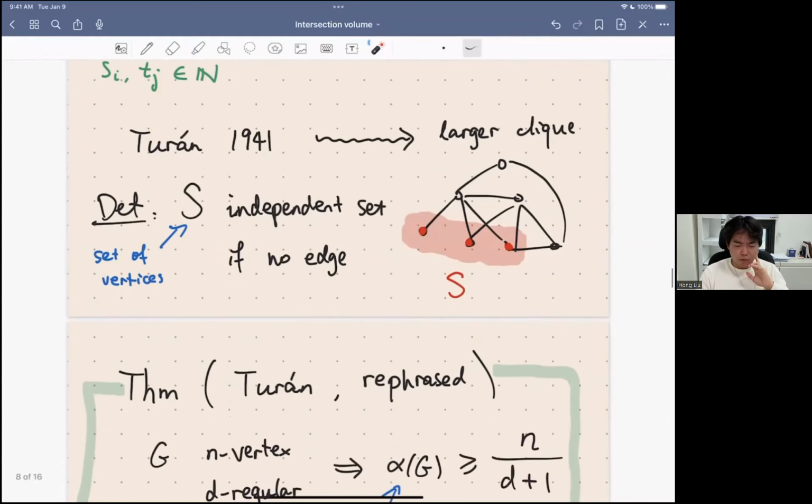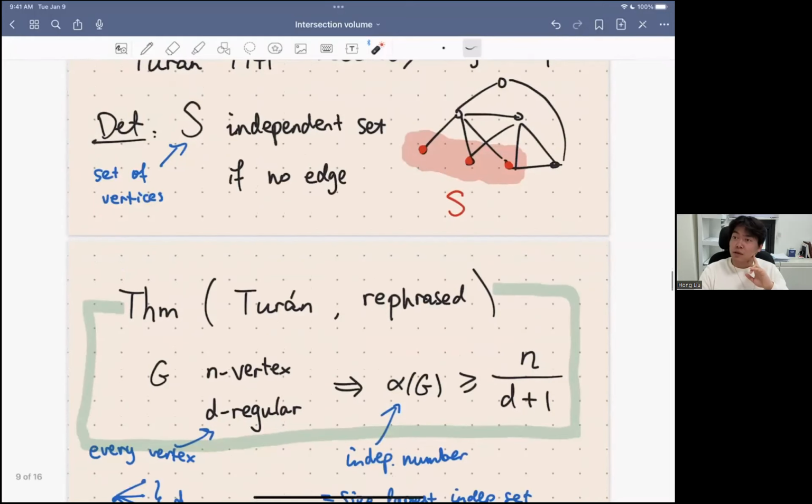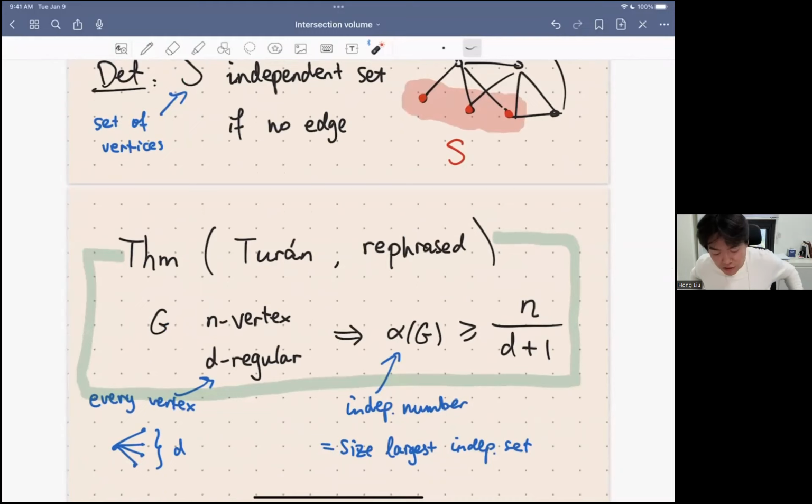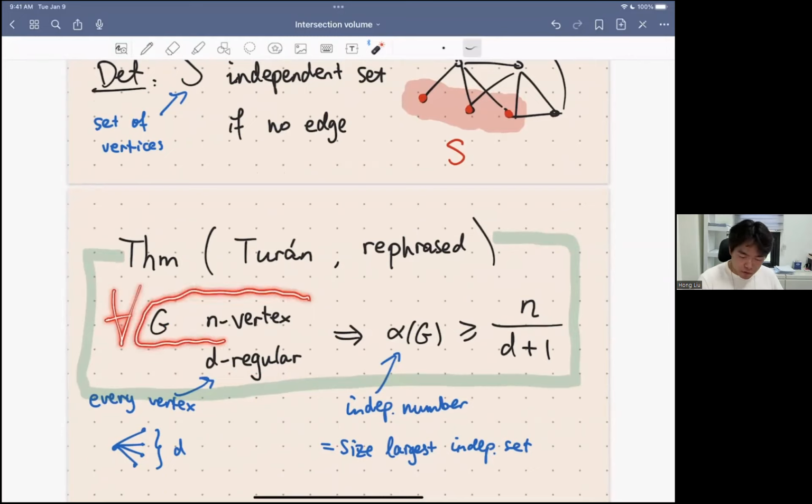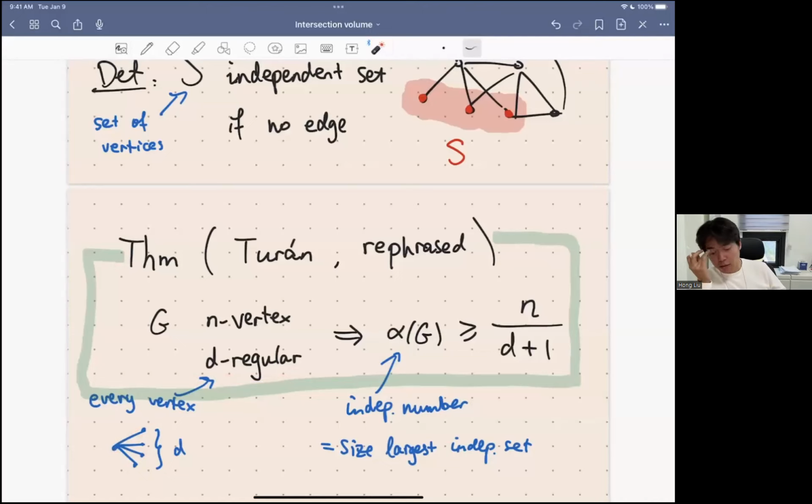And for the independence number, we will use alpha of G to denote the size of the largest independent set in this graph G. Turan's theorem, if we rephrase it in the complement and in the slightly easier setting of regular graphs, says that for every n vertex graph, if you are D-regular, meaning that every vertex has D neighbors, then you can always find an independent set of size at least n over D plus 1.